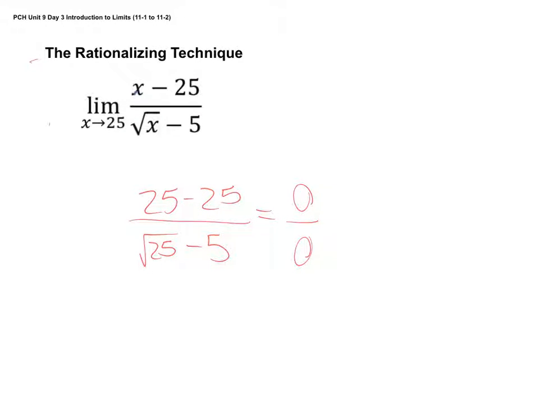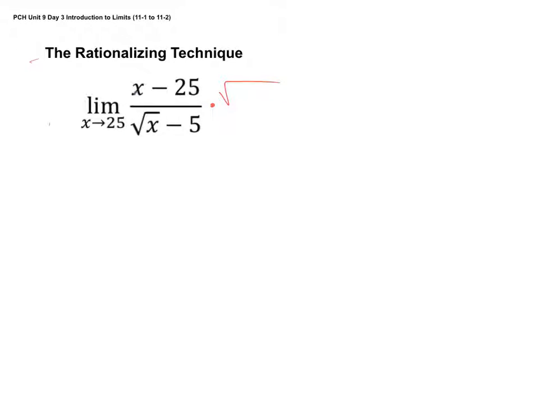So this is the indeterminate form. So I am going to multiply by root x plus 5 over root x plus 5. Okay?